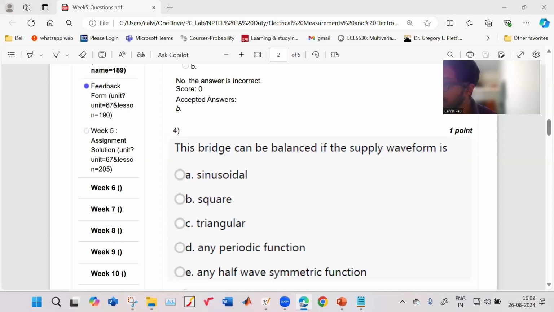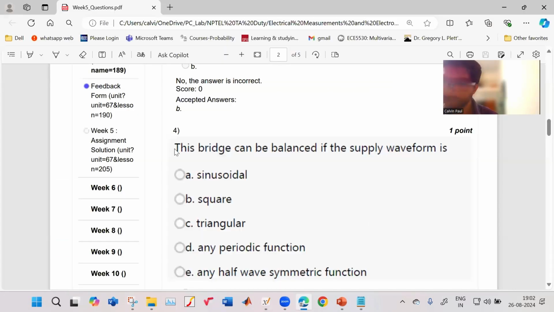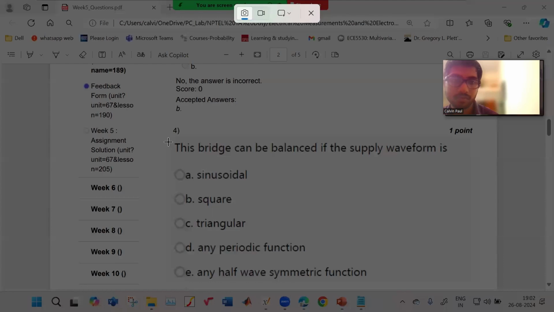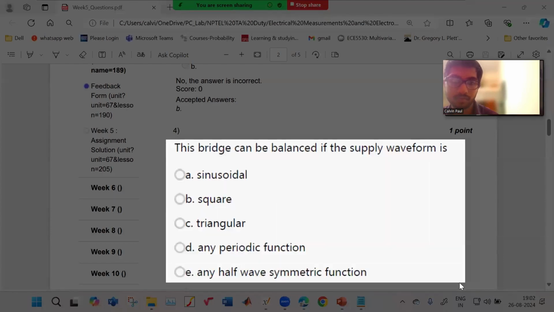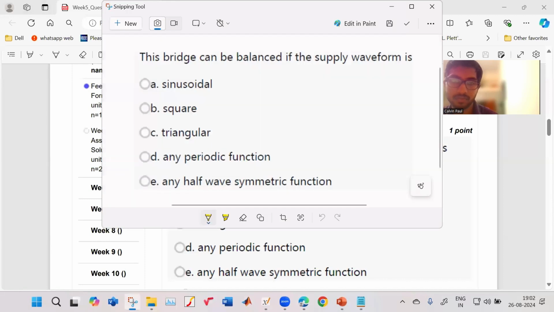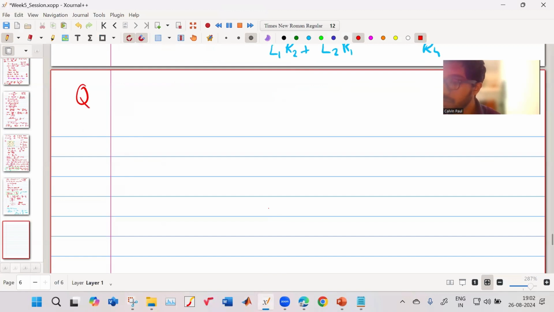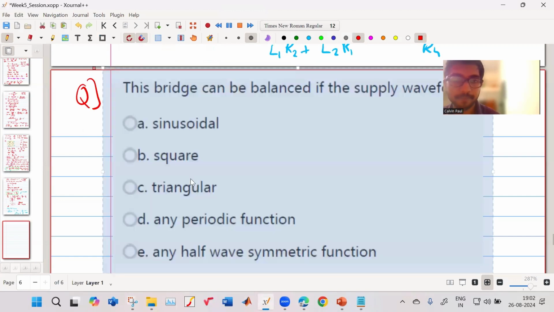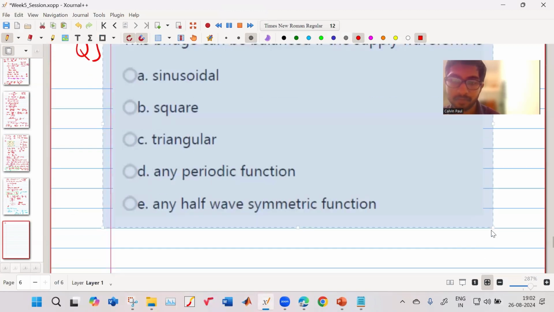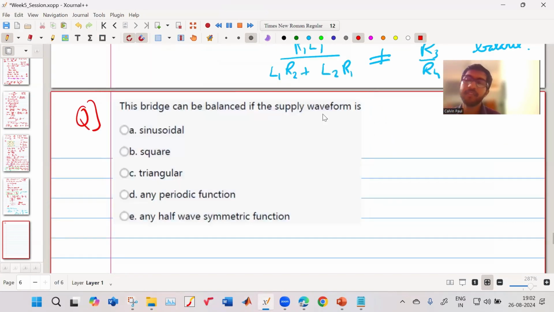So they are asking us to balance the bridge. Can we balance the bridge?